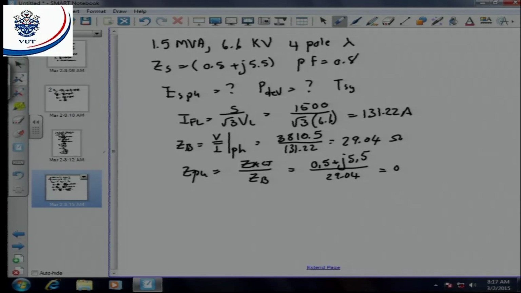The developed power, PD, is equal to E over Z times (E cos beta minus V cos (beta plus delta)).